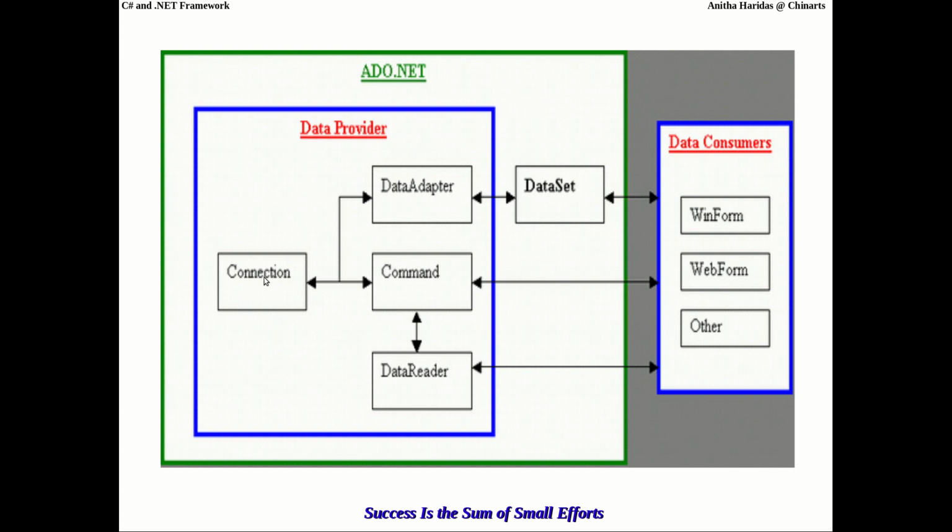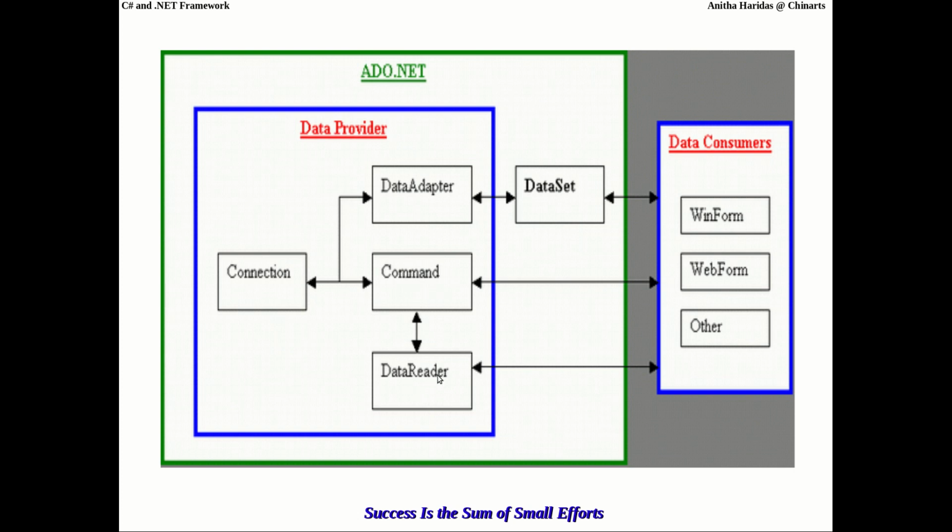What is this connection all about? The connection is the object which is connected to the database, any specific database for that matter. For example, you can have a MySQL database connected to the connection object. And using this connection object, you can execute any database queries, something like an insert query or select query or update query. Any query can be executed.